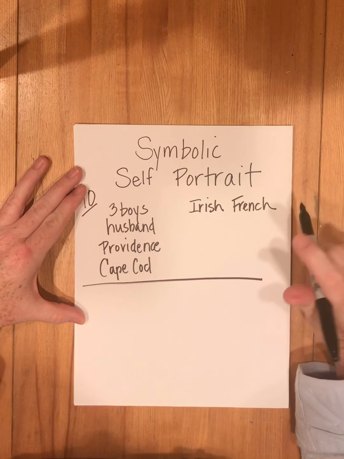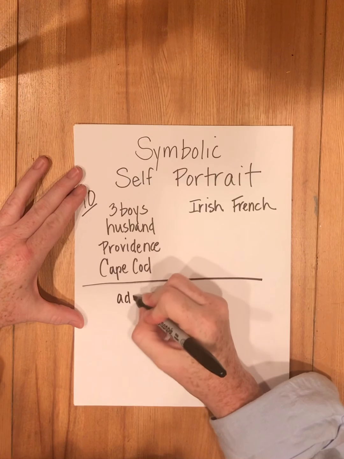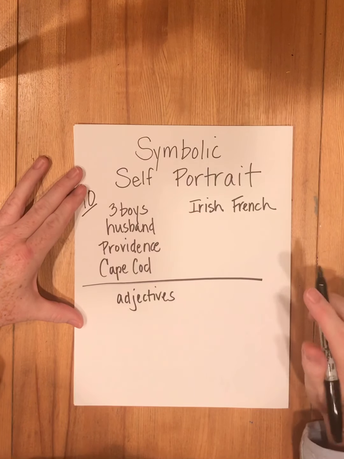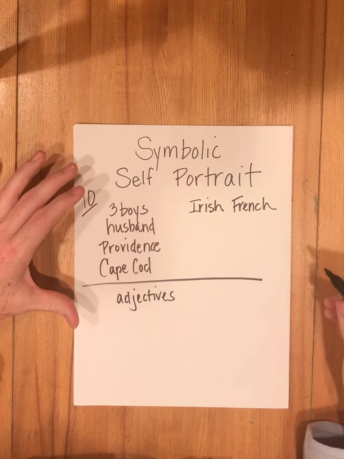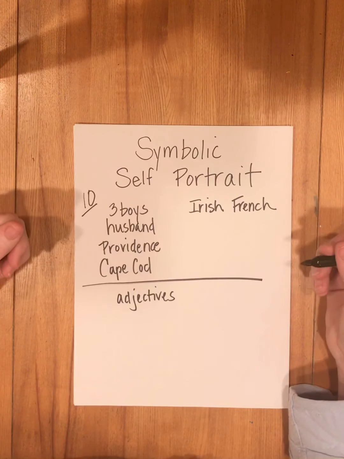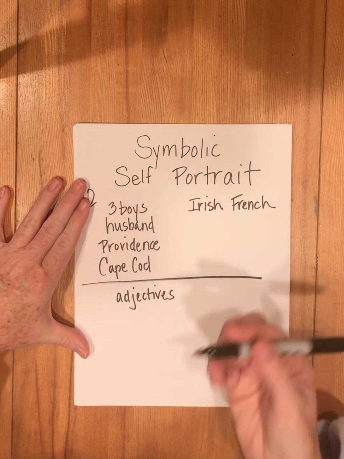Then after you do that, below that, I'd like you to come up with as many adjectives as you can to describe you. So words to describe you. How would you describe yourself? How would someone who knows you well describe you? Would they say that you're funny?